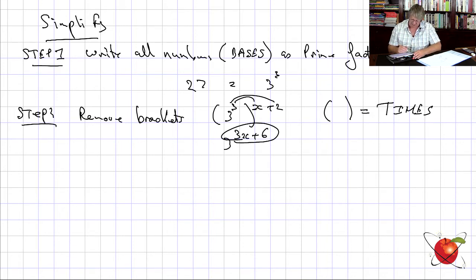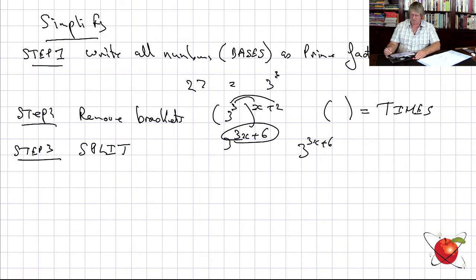Then we're going to go to step 3: split. If we see something like 3 to the power of 3x plus 6, let's remember that that is the same as 3 to the 3x times 3 to the 6. Why? Because if the bases are the same, what do you do to the exponents?